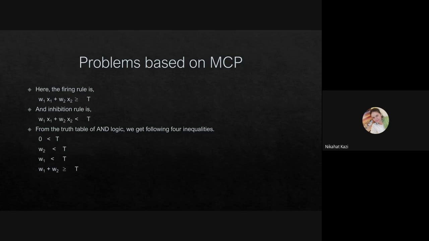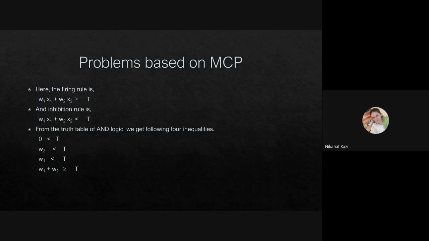So first the AND logic. The first 3 rows are inhibition, and finally the last row is firing. Okay, you get these 4 inequalities. Now you need to find the values of W1, W2 and T which will satisfy these 4 inequalities.